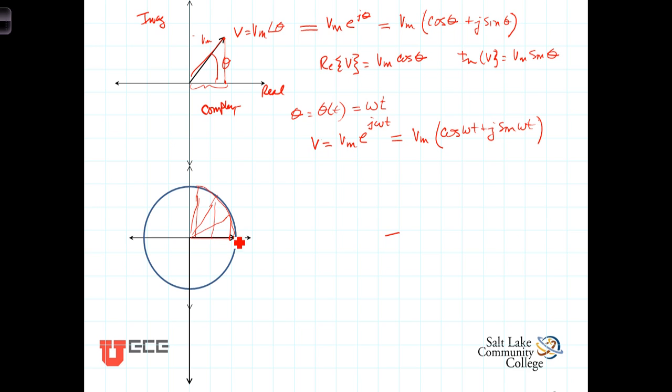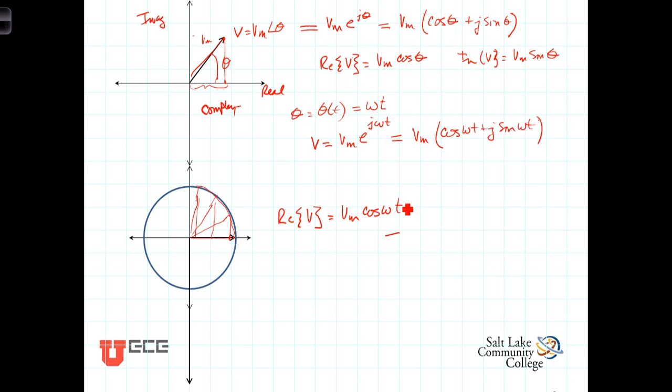The real part of this now becomes a function of time, and if we stop and think about it, we know that the projection onto the real axis is just the magnitude v sub m times the cosine of this angle, the angle being omega t. We have then that the real part of v is equal to v sub m cosine of omega t.